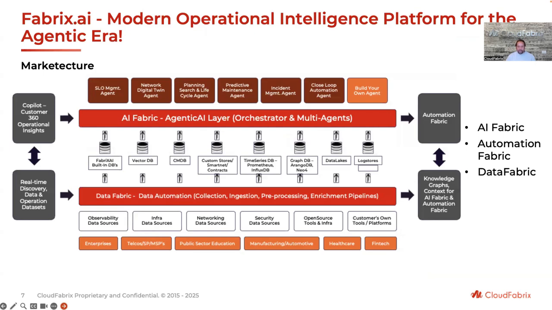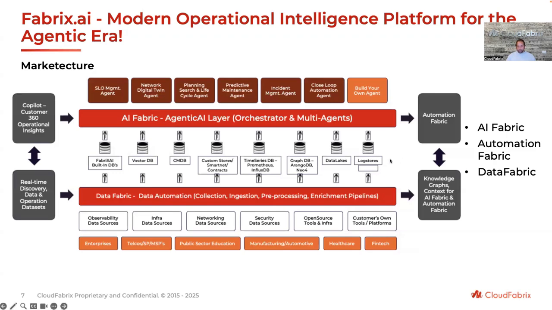So this particular slide shows that we are able to cater to different data sources, whether it be observability data sources, infra data sources, networking, security, and so on. And our data fabric, or what we used to call robotic data automation fabric, is able to curate that data and put it either in databases which we have in our own platform, or it can also leverage the customer's own databases, whether it has Splunk, Elasticsearch, or any other time series database, or VectorDB and CMDB, or any other data lakes.